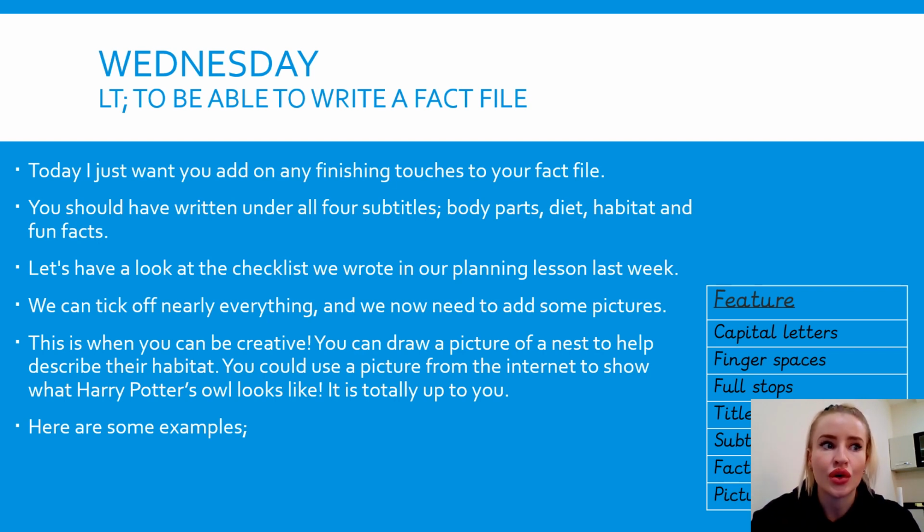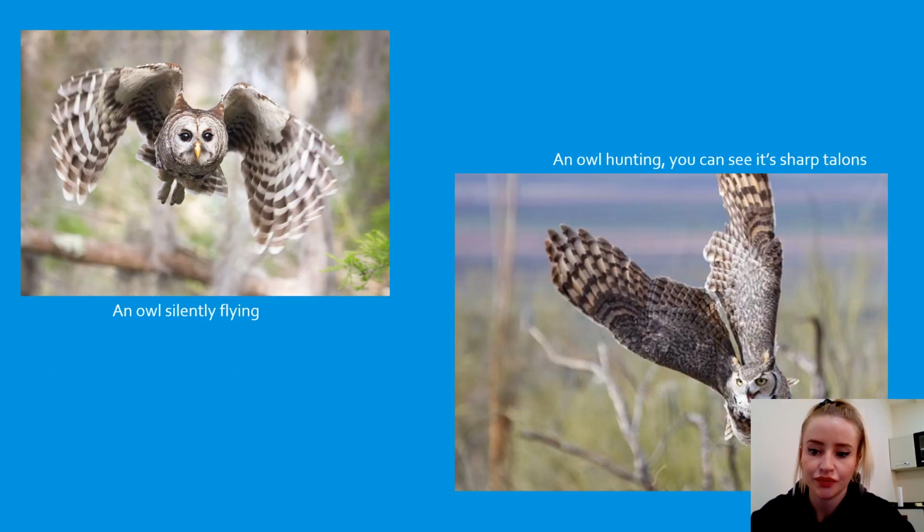You might want to show the owl's habitat or the different body parts. I know some children in my class have chosen to label a picture of an owl to help explain the different body parts. It's completely up to you. I just would like you to include 1 or 2 pictures in your fact file because that was on our checklist. So here are some examples of what I found when I was doing my own research.